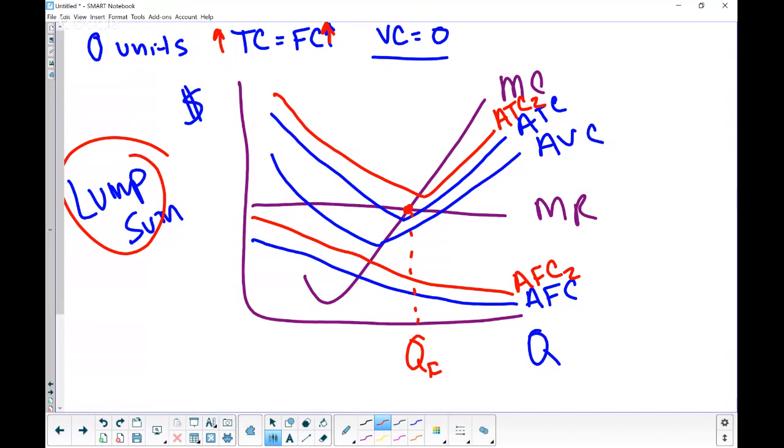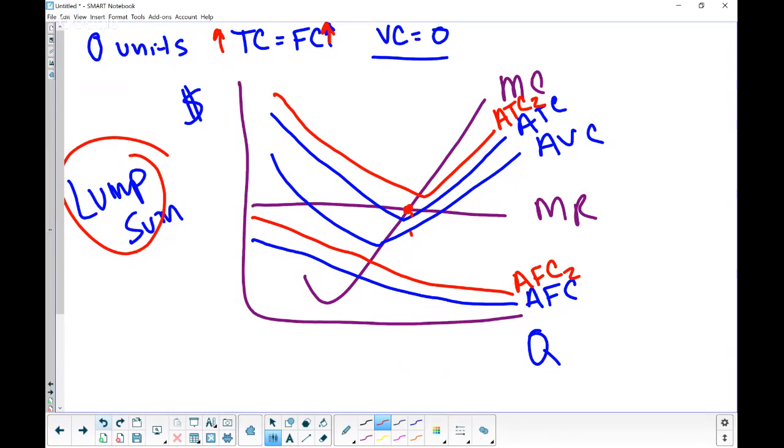Some people say, well, then why do we even cover this? Well, we've actually gone from making a profit to making a loss here by the shifting of the ATC. So a lump sum can move you into negative profit or into a loss, or it's definitely going to decrease your profit, but it's not going to change the output. It's not going to change our output because our marginal cost curve does not shift.